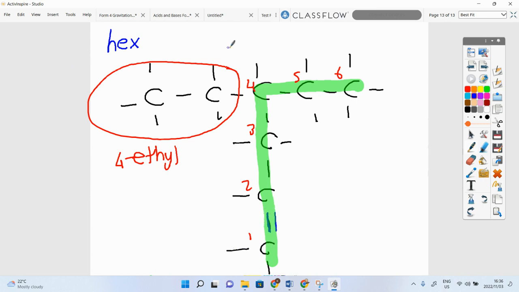So I'm not going to go 1 hexene, I'm going to go hex 1 ene. Then it's much cleaner in the front to put the 4 ethyl there. So now you say, okay, fine, 4 dash ethyl hexane, hex 1 ene.